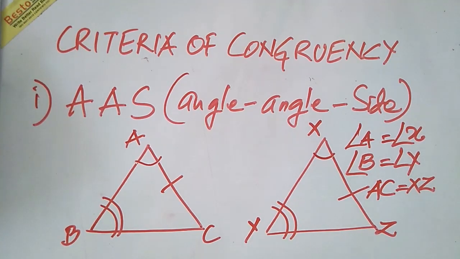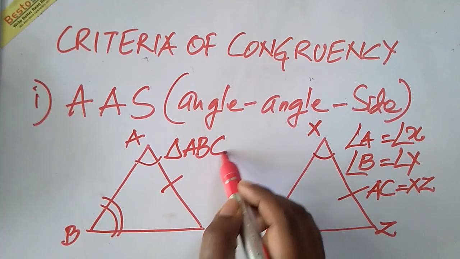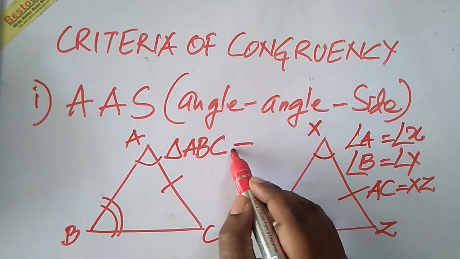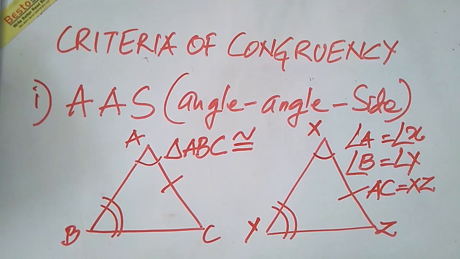Then we will say that these two triangles are congruent. And when we have to write down congruent, now this triangle is triangle ABC, alright, and the other triangle is triangle XYZ. To write down congruent, we will use the symbol as you see on your screen.